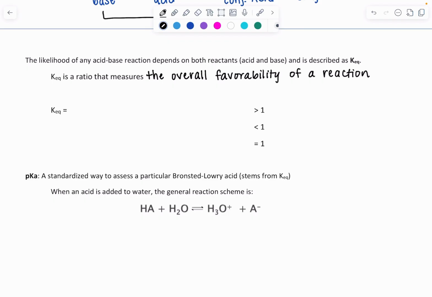And it is the ratio of the concentration of products, so these brackets indicating concentration, over concentration of reactants.